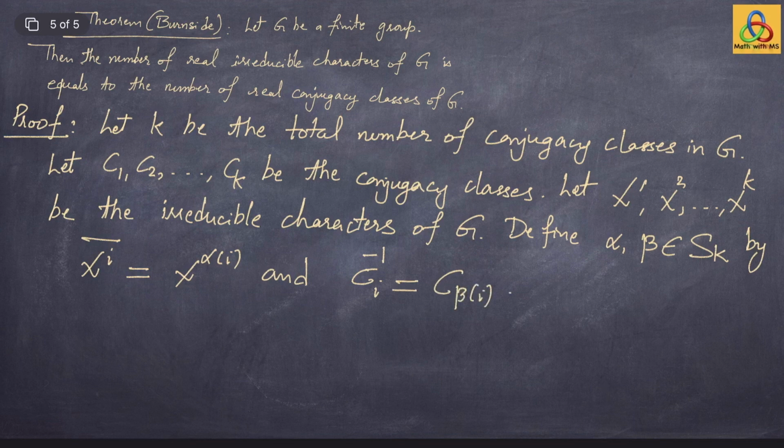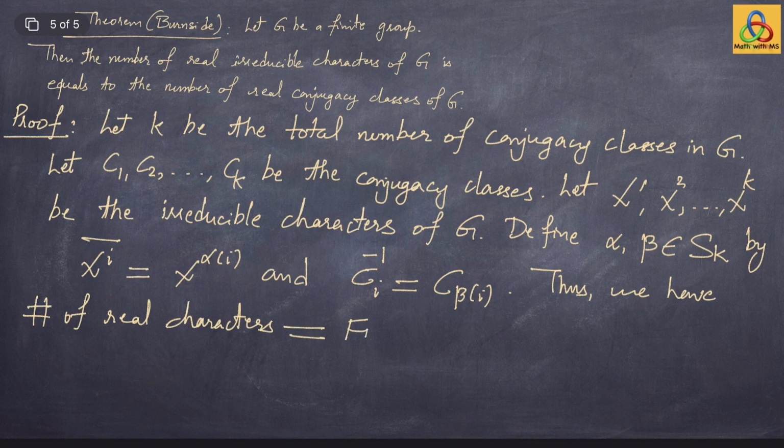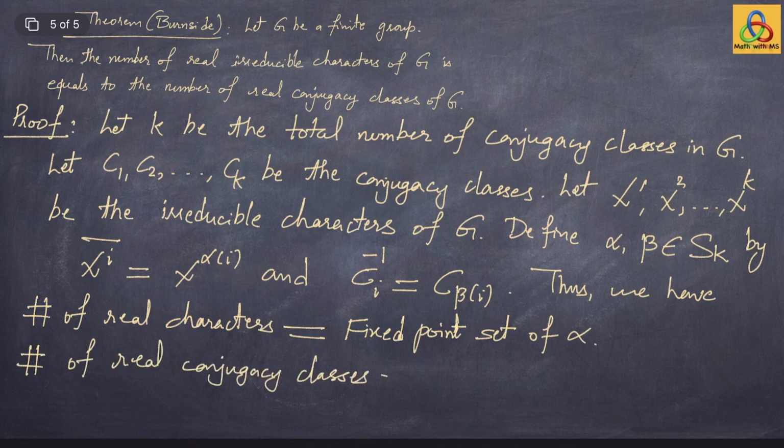How can we count real conjugacy classes and real characters from here? So when will a character chi i be real? A character chi i will be real if and only if alpha of i is i. Similarly, a conjugacy class Ci will be real if and only if beta of i is i. Thus, the number of real characters is the same as the size of the fixed point set of alpha, and the number of real conjugacy classes is the same as the size of the fixed point set of beta.